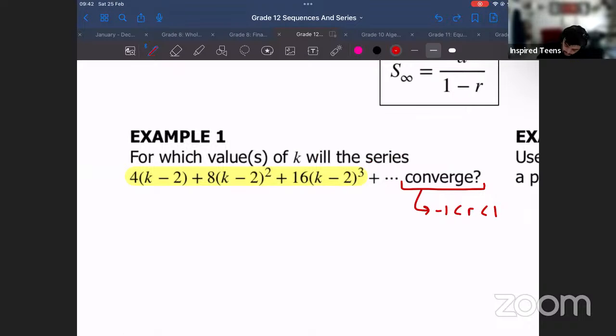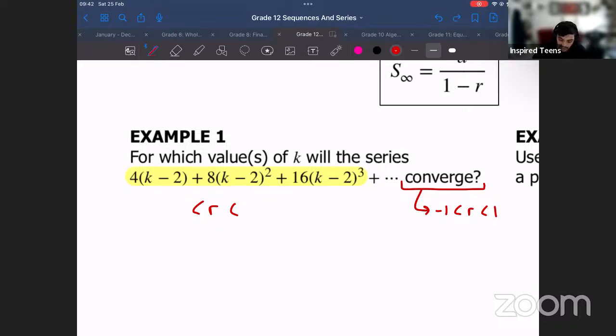So we need to calculate what r is. Basically we need to place r inside of here, and then solve accordingly.